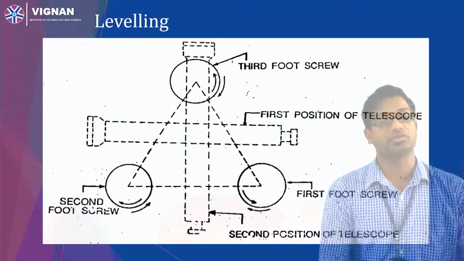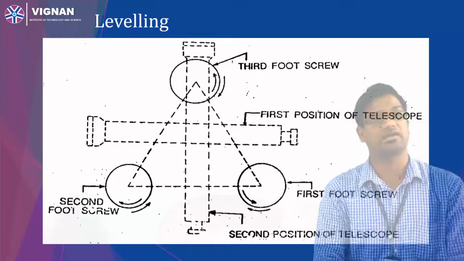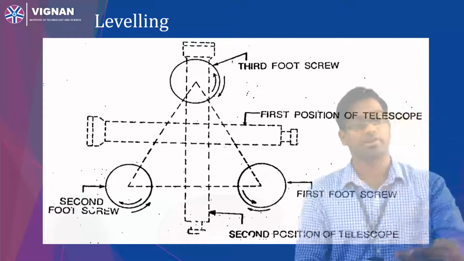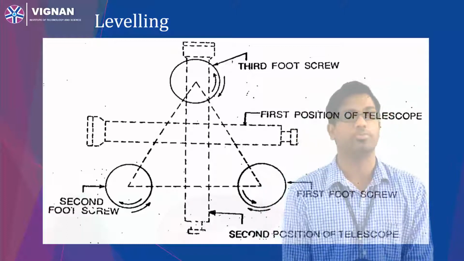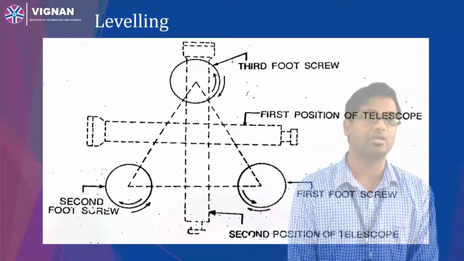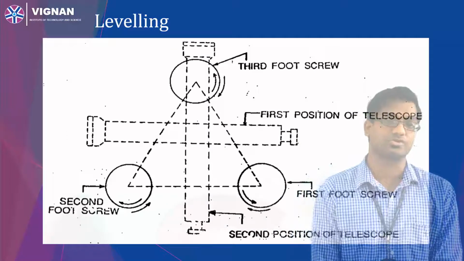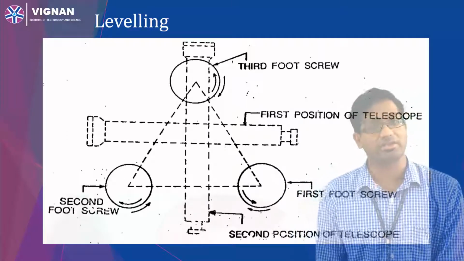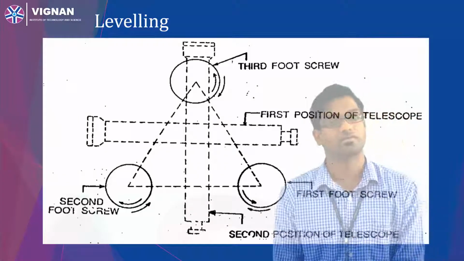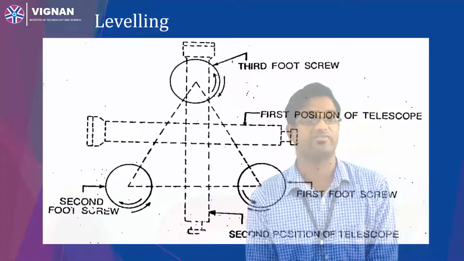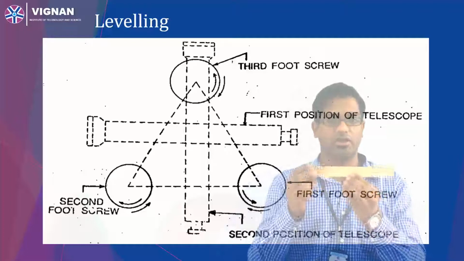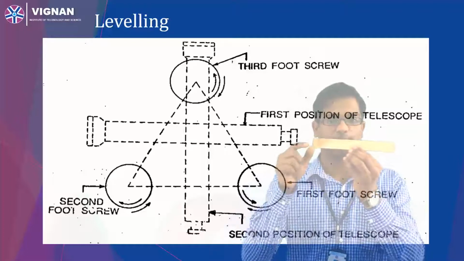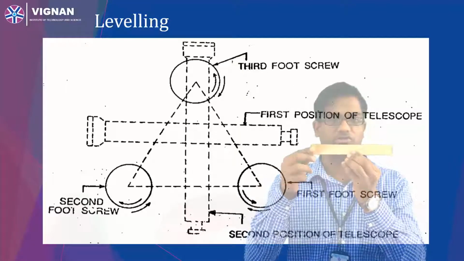You need to do this as an iterative operation, in a circular way. First, you have to keep the telescope parallel to any 2 foot screws.